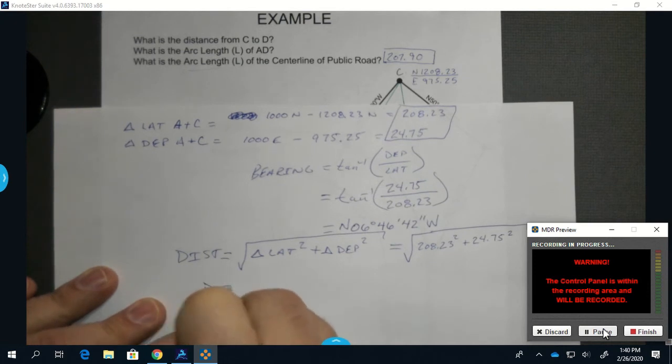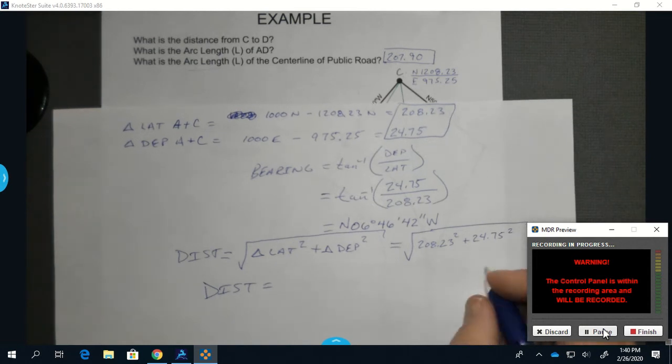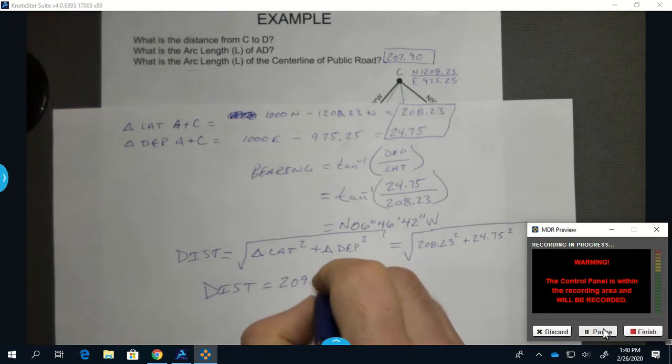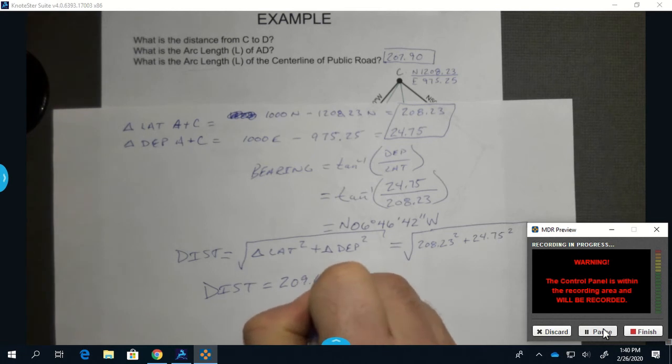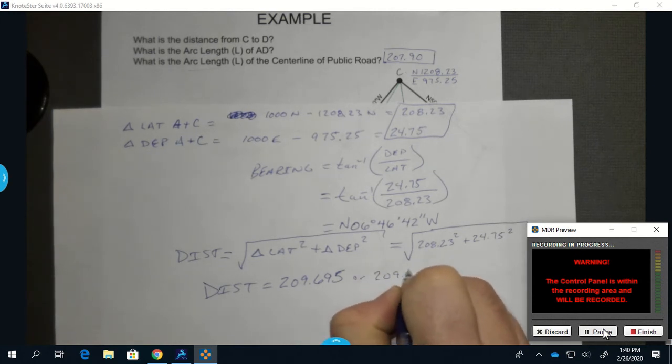Okay, so our distance is equal to that, and that gives us a distance of 209.695 or 209.70.